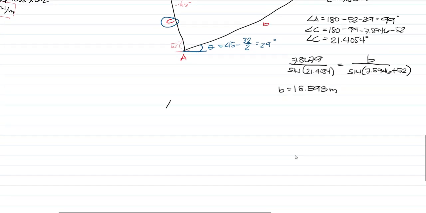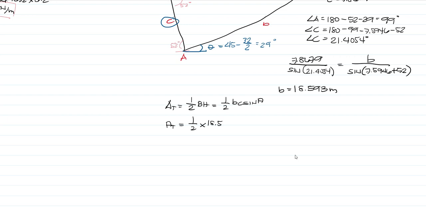So that is equal to A sub T, which is equal to 1/2 B times H, or simply means 1/2 BC sine of A. So substituting the values, we can have A sub T, which is equal to 1/2 times 18.593 times the value 7.8679 times the sine of 99.